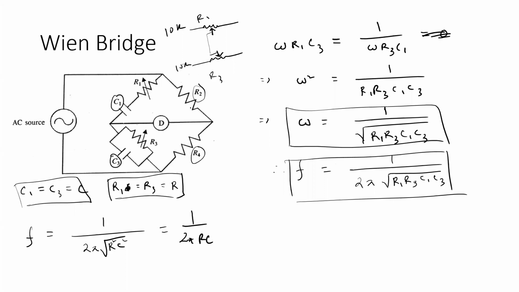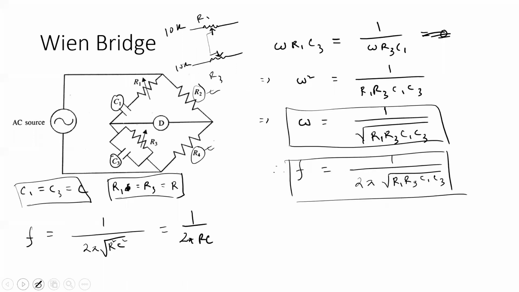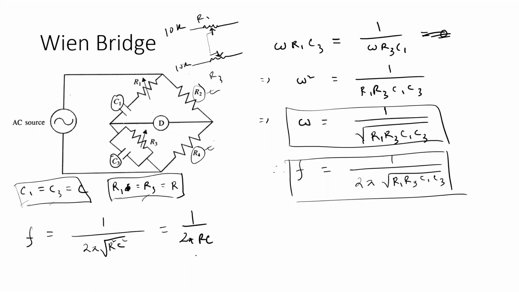Because we had a relation between these two resistances R2 and R4 defined in the previous slide. So as we want to keep C1 and C3 equal and R1 and R3 to be equal, then these two have to be adjusted keeping this condition in mind, so that this expression of the frequency can be used.